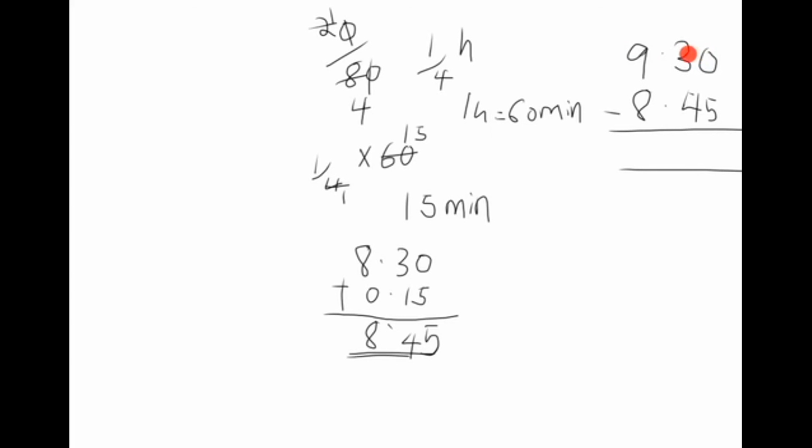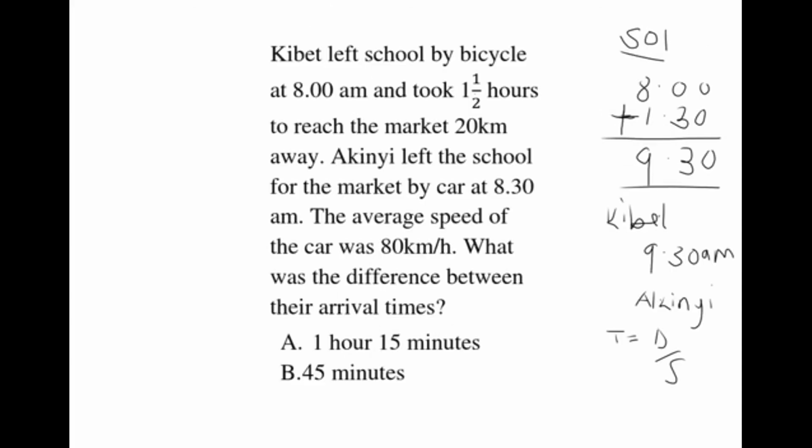So we have 60, we add 30, we get 90. 90 subtract 45, we get 45. Here we have borrowed, so here we are left with 8. 8 minus 8 is 0. 45 minutes. Therefore, our correct choice is B.